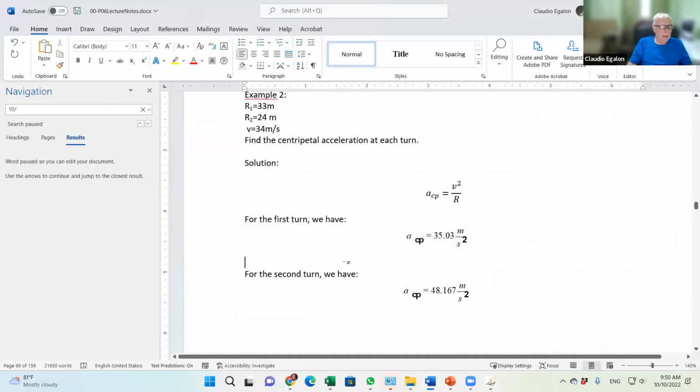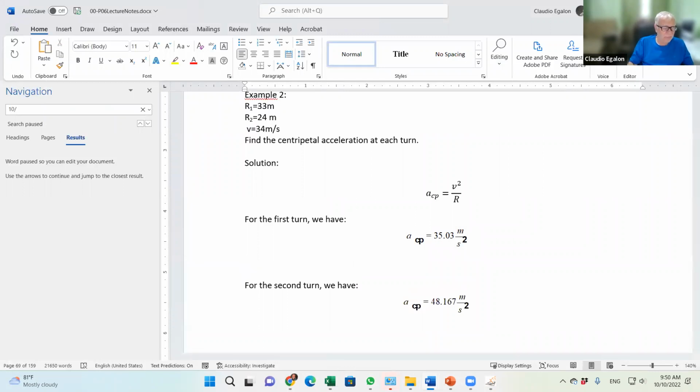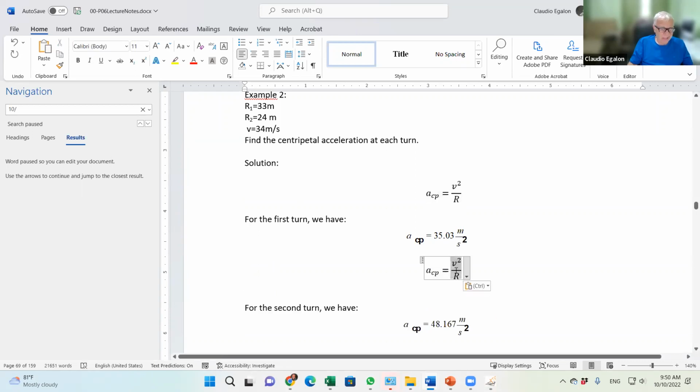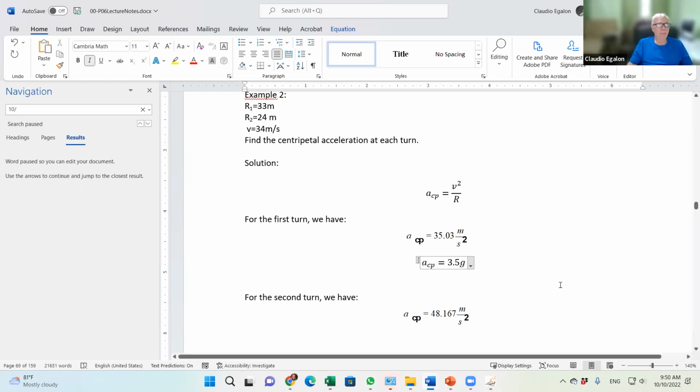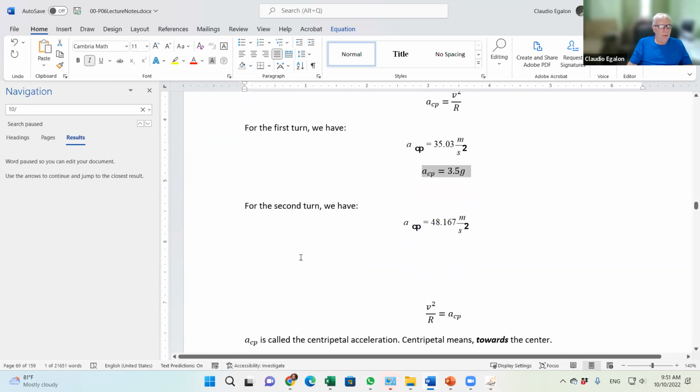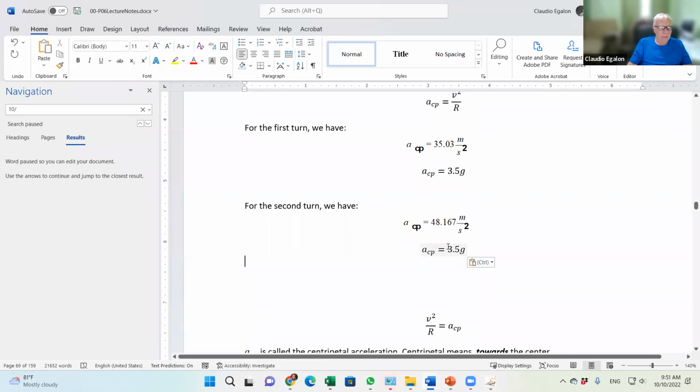This value here represents roughly 3.5 G's, which is 3.5 times your weight. And this other one here is almost 5 G's.